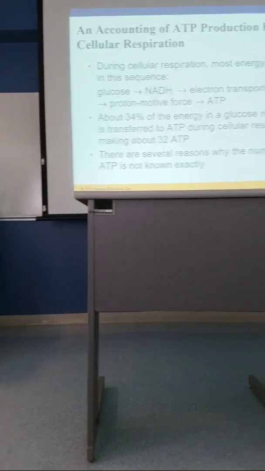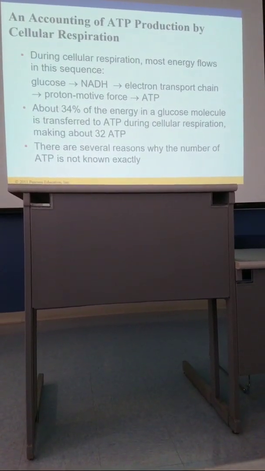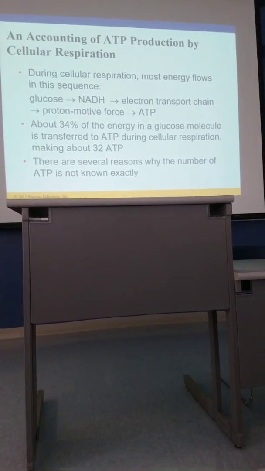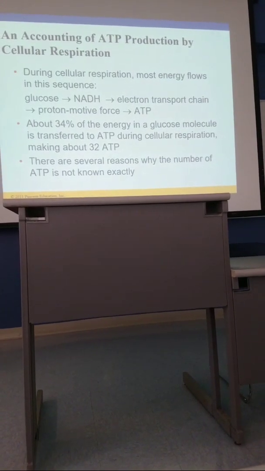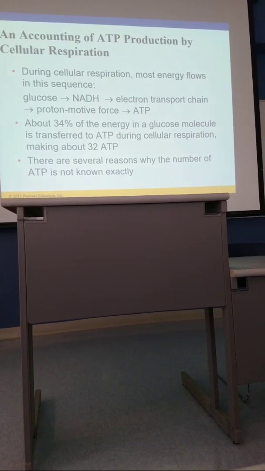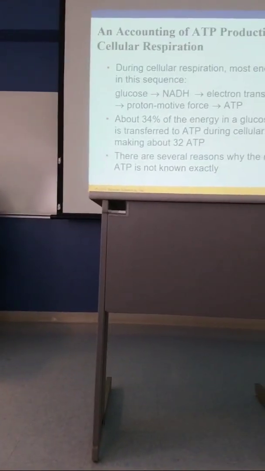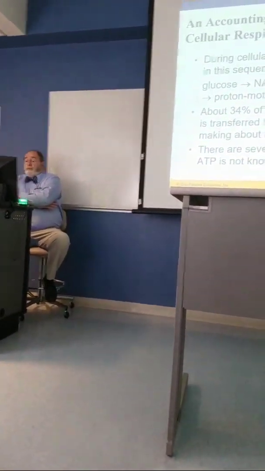Notice the term about 34%. Even in people, some people's bodies will be more efficient at extracting the energy than others. If this process is fine-tuned, we're good. If it's not, we won't get as much energy.